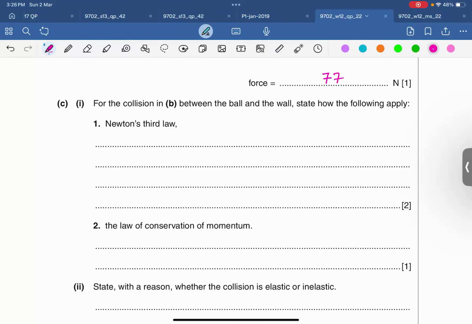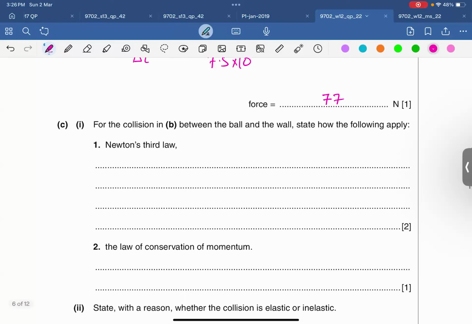Since the ball is hitting the wall, the ball will apply some amount of force on the wall, and the wall will apply the same amount of force in the opposite direction, and that is Newton's third law.